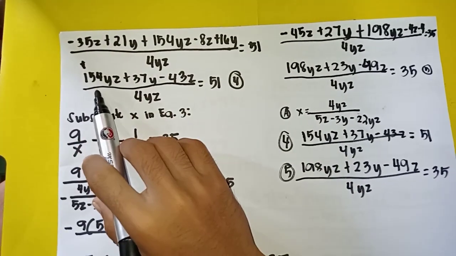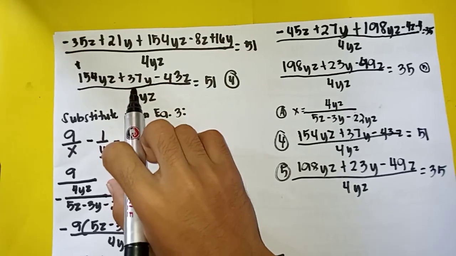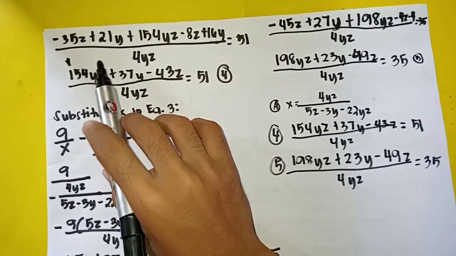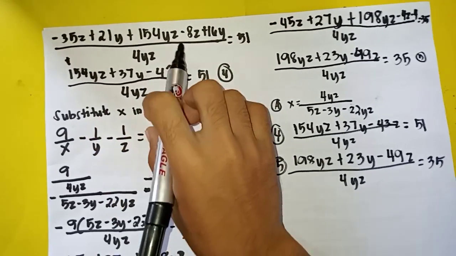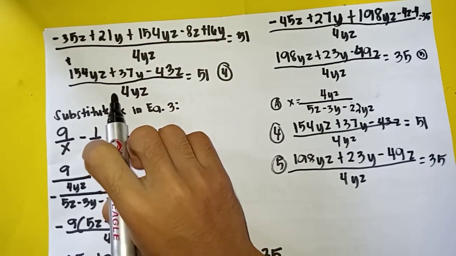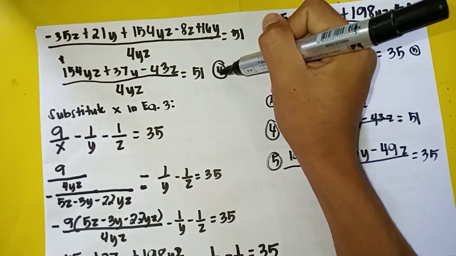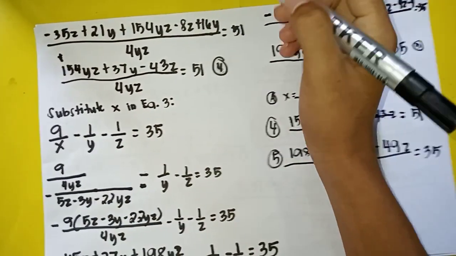Then combine like terms: copy 154yz, then 16y plus 21y is 37y, negative 35z minus 8z is negative 43z, over 4yz equals 51. So it is our equation number 4.